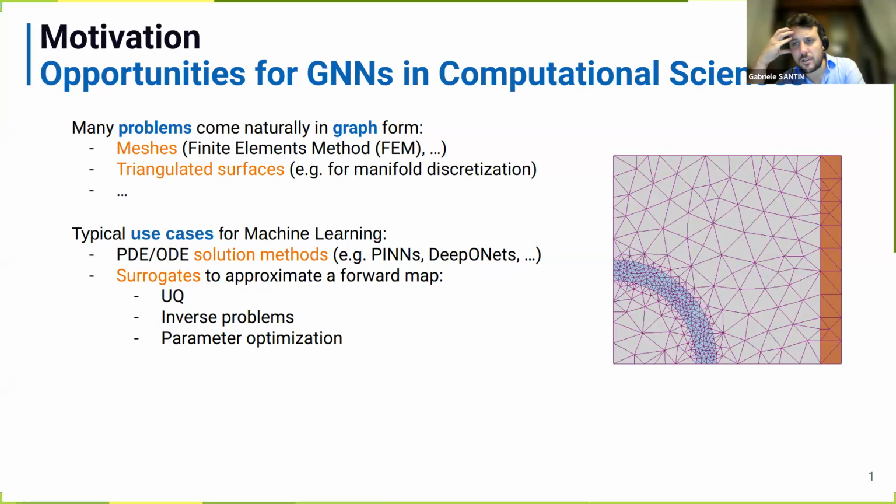Not directly here. At the moment, the goal is mostly to work with inputs which are graphs, either entire graphs or nodes of a graph. Then there are adaptations of these techniques that are also able to output a graph, but those are not directly touched by what I'm going to discuss today. Okay, thanks for the question.